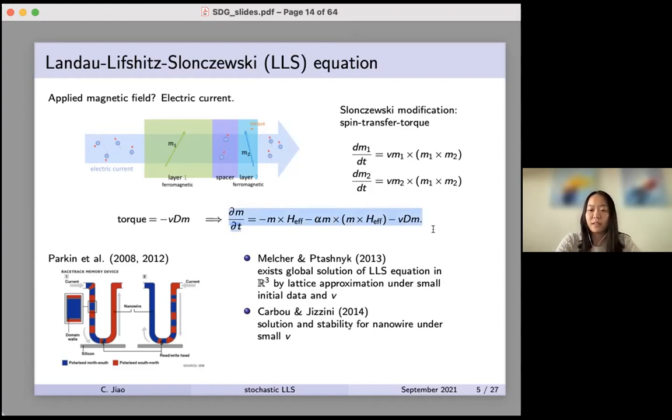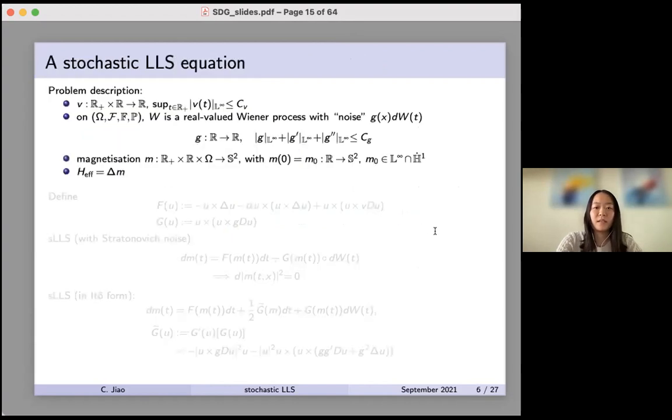They gave the exact form of the static solutions and studied the stability under small currents V. What we study is a stochastic version of the LLS equation over the real line, similarly for an infinite nanowire, but with noise in the electric current. So here is the problem formulation.